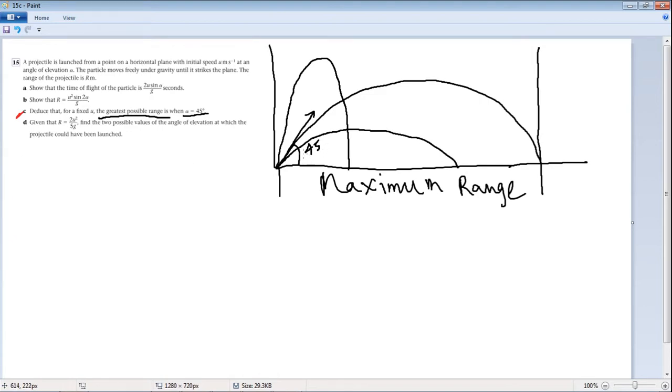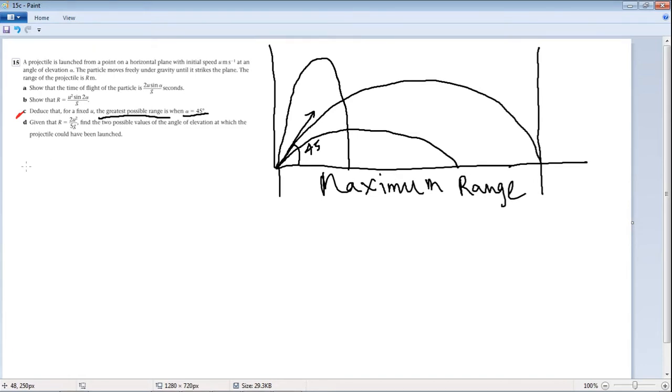Here we can see, if I launch the projectile at an angle less than 45 degrees, it will land here. And if I launch the projectile at greater than 45 degrees, it will ultimately land here.